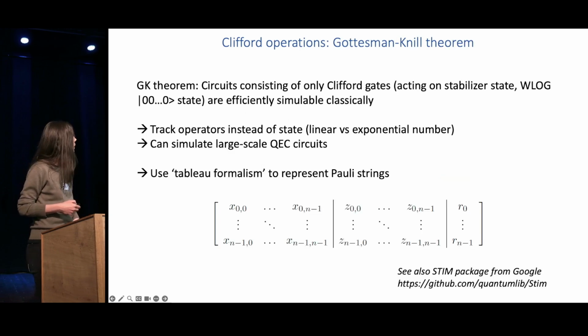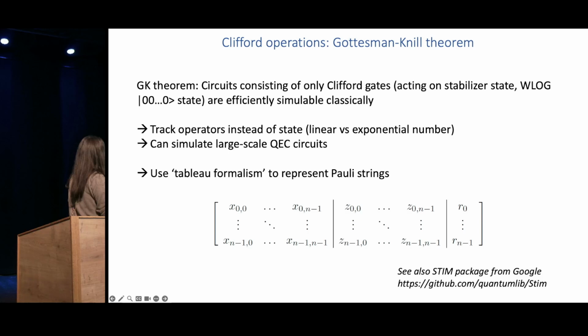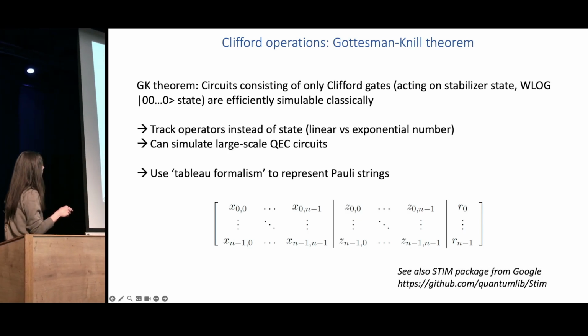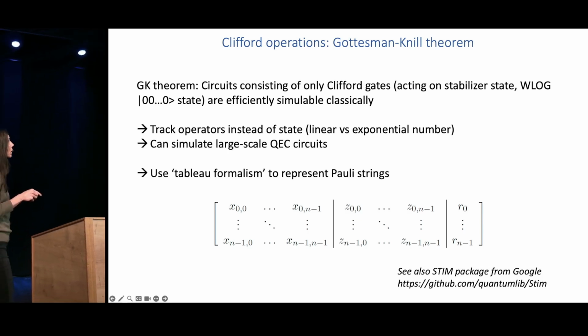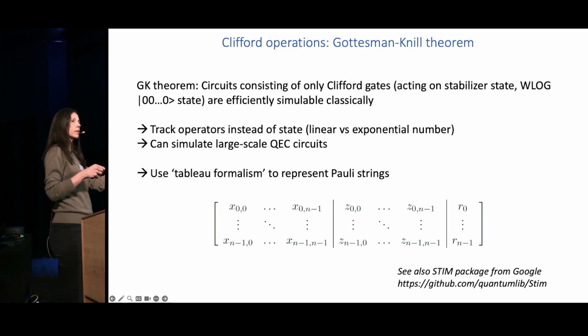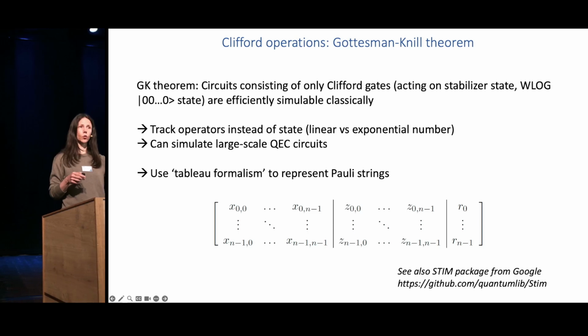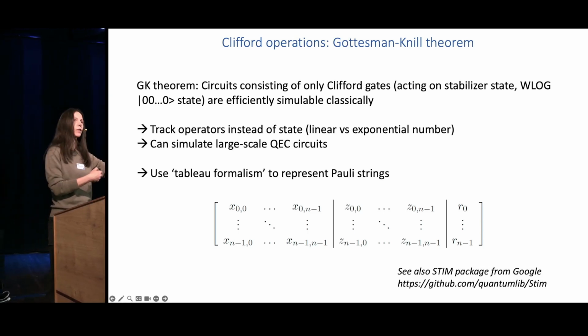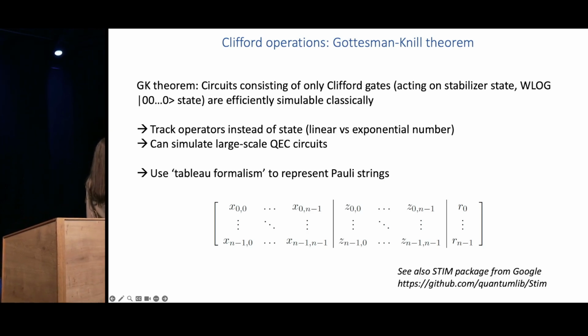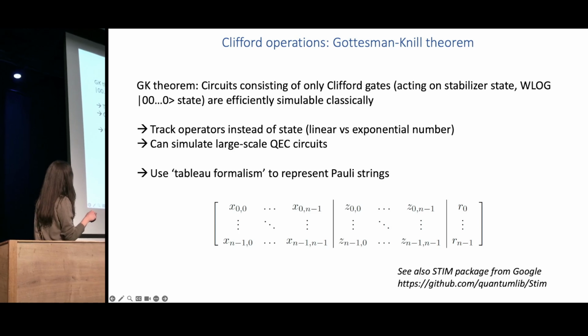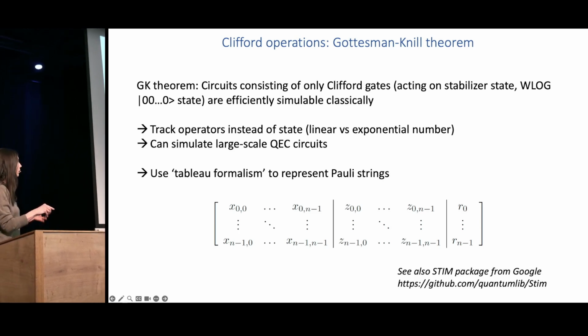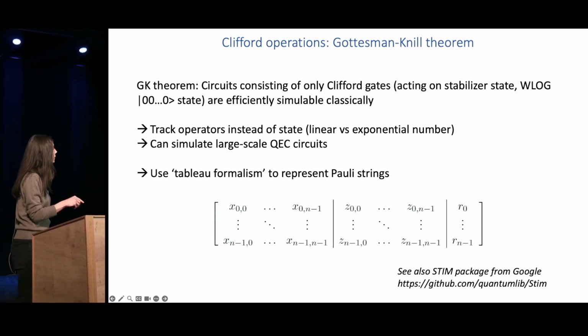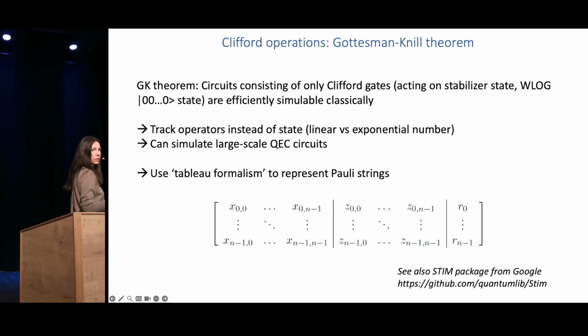Okay. Now, a very important thing about Clifford operations is that if you start with a stabilizer state, and without loss of generality, let's assume I start with the all 0 state, because I can get a stabilizer state from the all 0 state with Cliffords, then I can simulate the circuit or the state, what happens to the state, classically, efficiently.